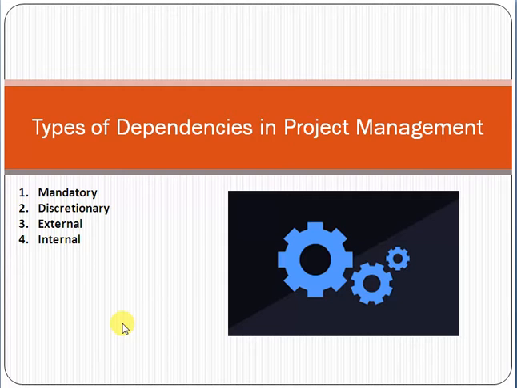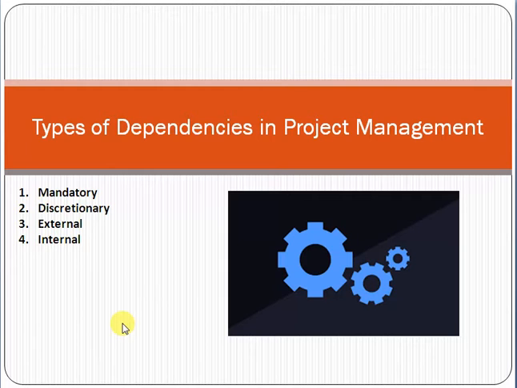For example, if you are implementing an e-commerce solution for a customer, the first activity is planning, then software development, then software testing, and then production deployment. So what is the relationship between the activities? First of all, we do the planning, then software development starts. Once the software development finishes, the testing starts, and once the testing finishes, the production deployment starts.